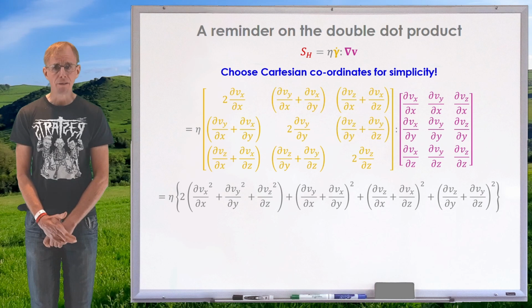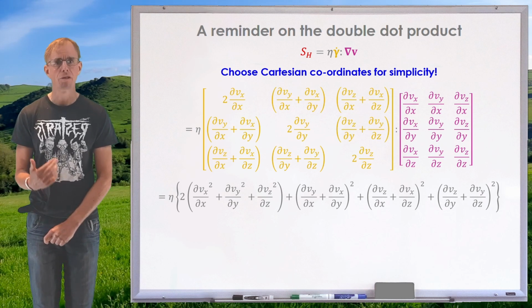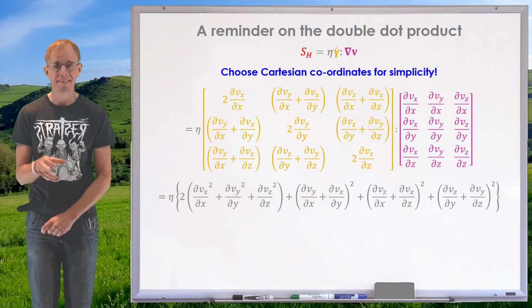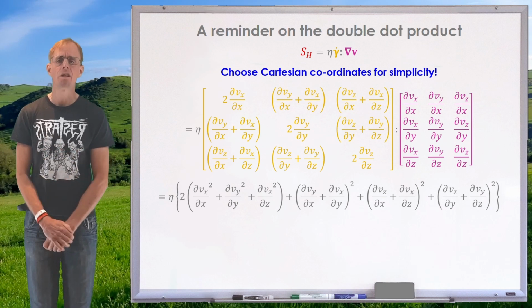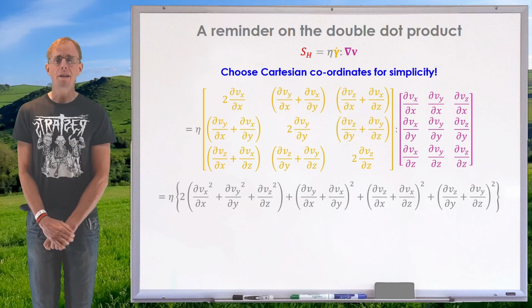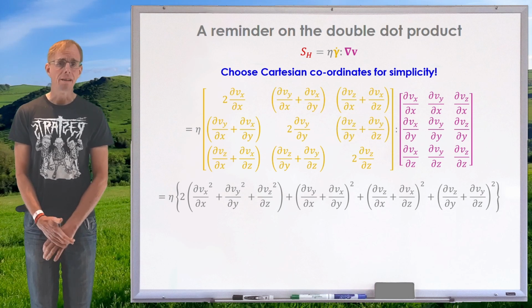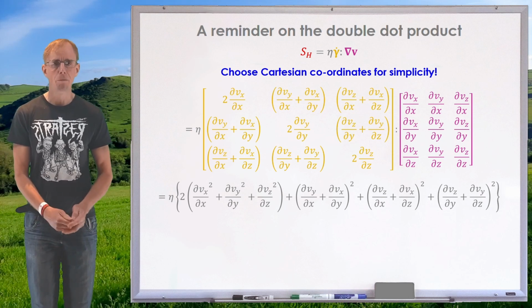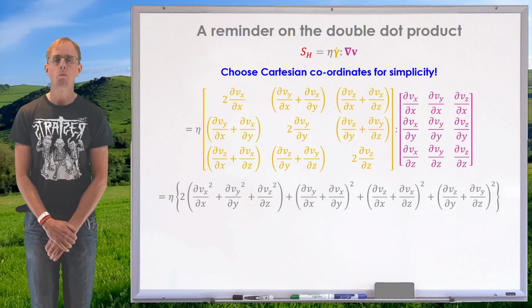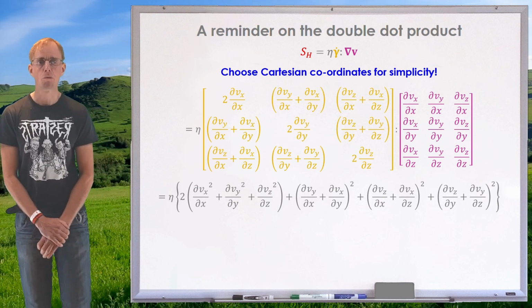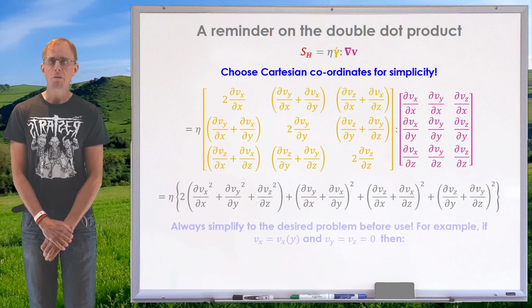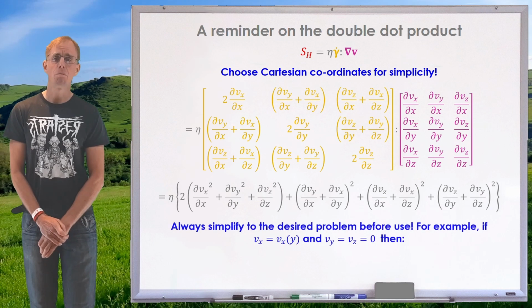So it's a scalar result, which we would expect because the energy transport equation has terms that are scalar being added together, and so we expect a scalar result. Also, it's a result that we can simplify greatly just by thinking about the problem, just as we've been doing in our workflow to solve energy transport problems. So we'll always simplify this problem before we use it.